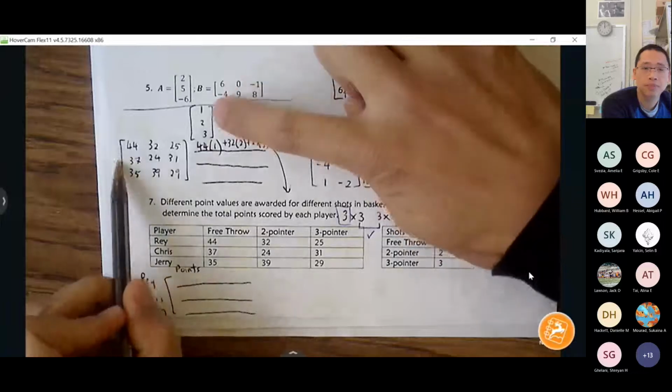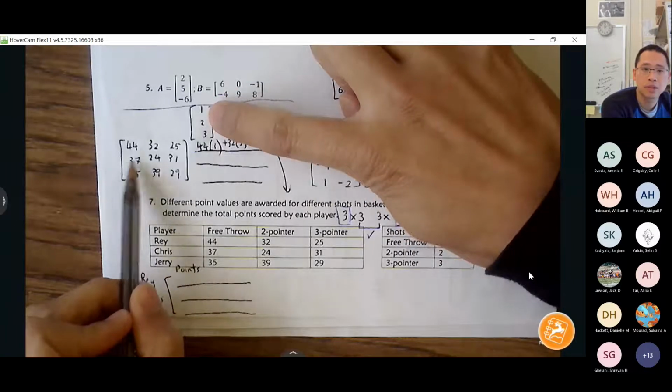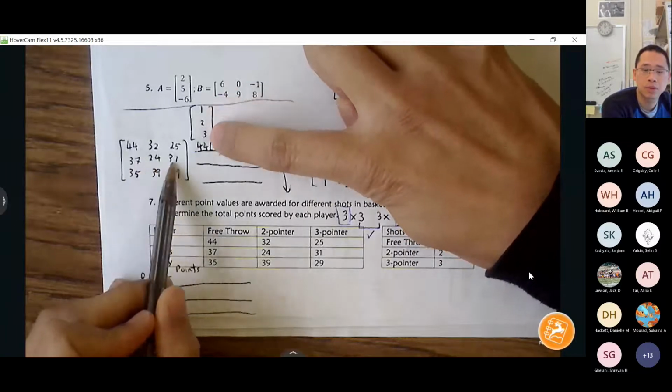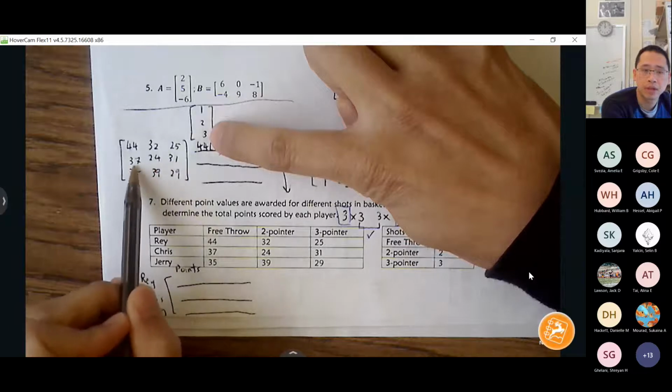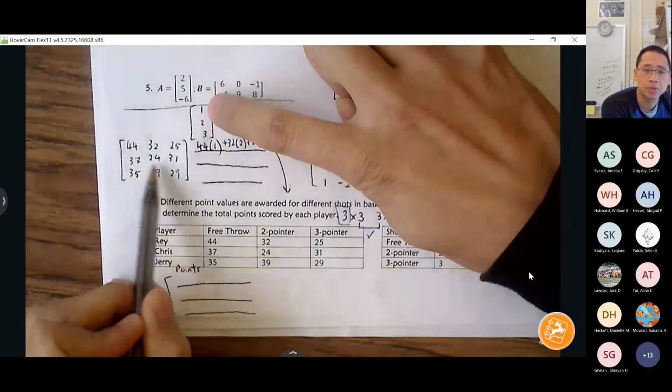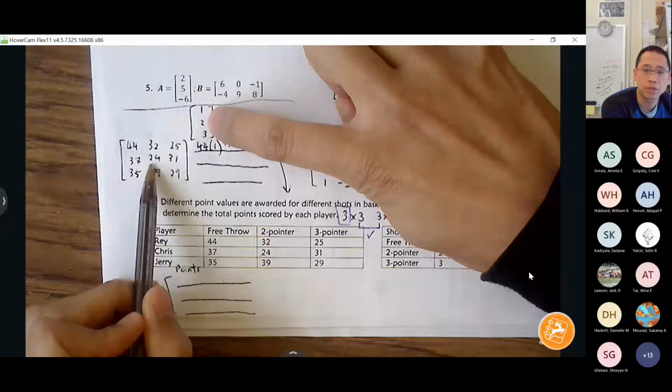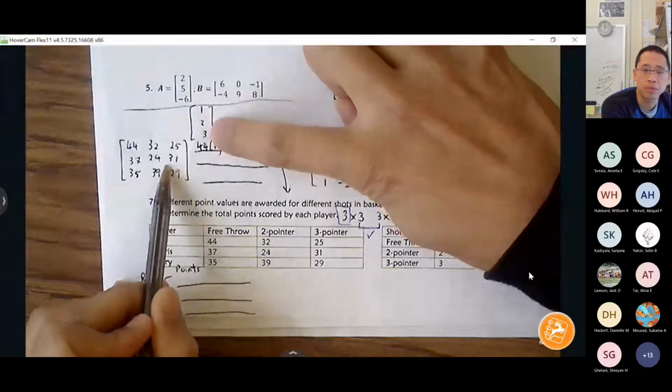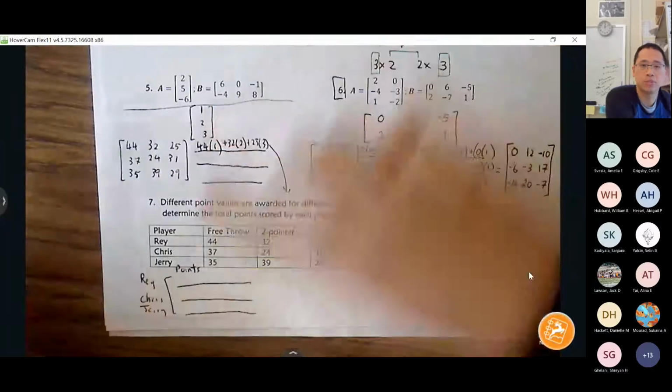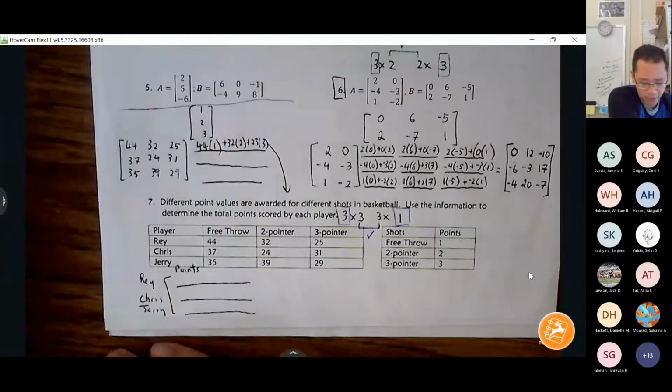For Chris, 37 times 1, 24 times 2, 31 times 3. That's 37 free throws at 1 point each, 24 2-pointers at 2 points each, 31 3-pointers at 3 points each. So we're trying to total up the number of points scored by each player.